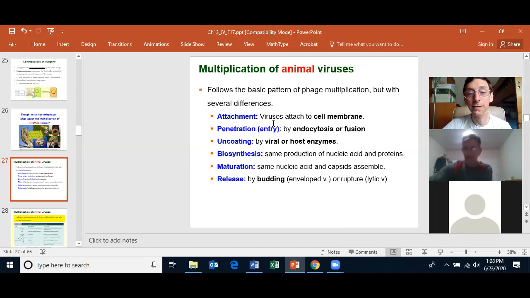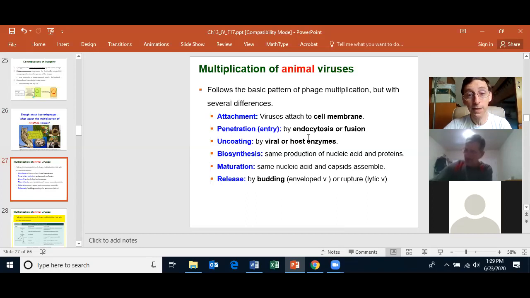The virus has specific attachment sites that bind to receptors on the host cell, so that's the same. The penetration is a little different. It's generally easier to get inside an animal cell than it is a bacteria cell. There's no cell wall to get through, for one thing. And penetration of an animal virus happens in 2 ways.